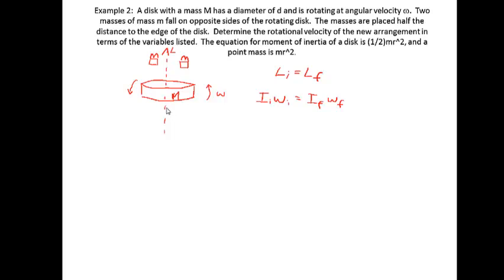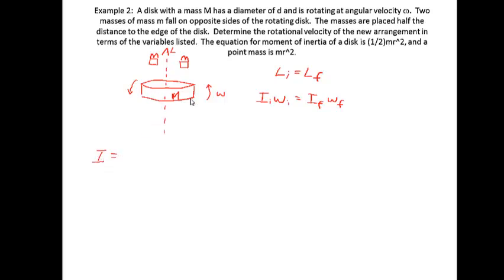They use this principle to keep objects in the Hubble telescope from changing direction, because if you keep this disk rotating like this, it will maintain its axis and doesn't change its direction. All right, let's go ahead and solve for I.